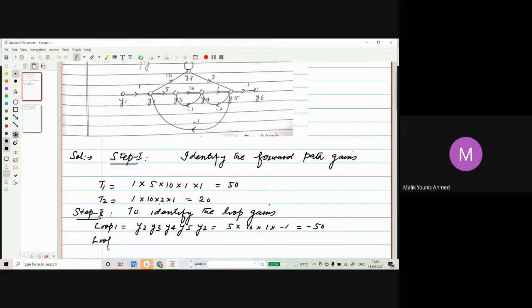Similarly, loop 2 will be y3, y4, and back to y3. The small loop. So that is 10 into minus 1, that will be minus 10.